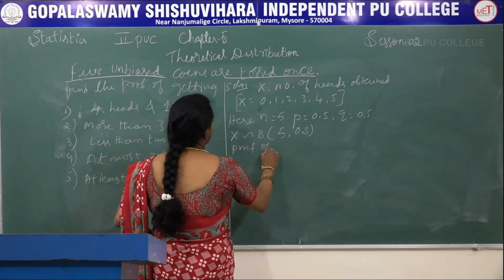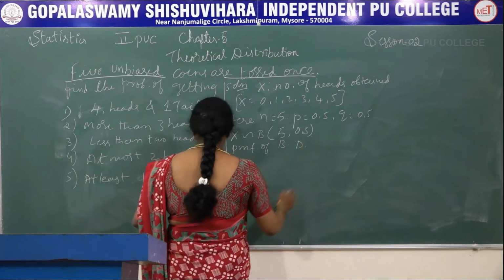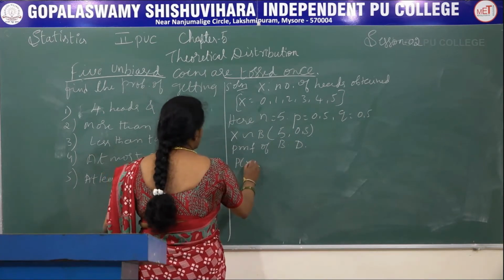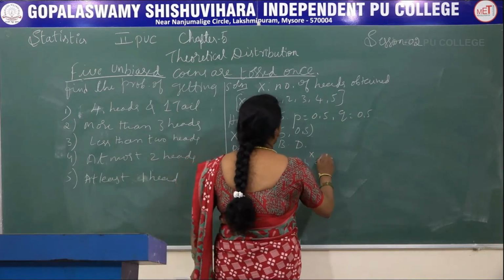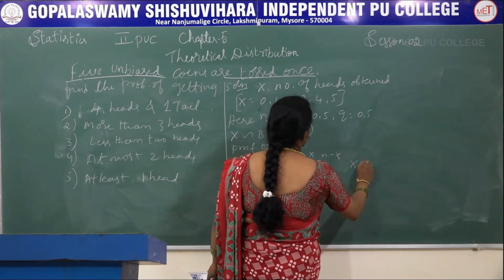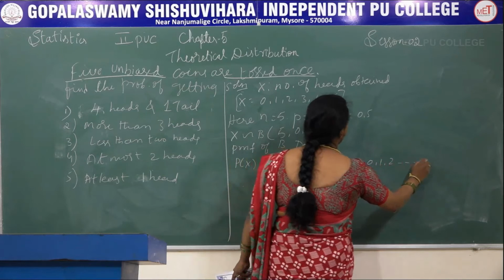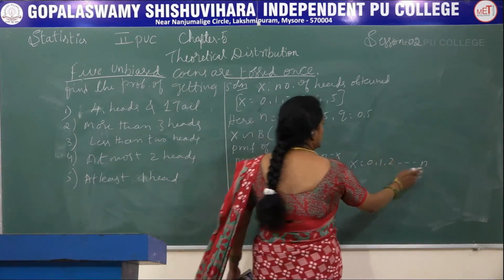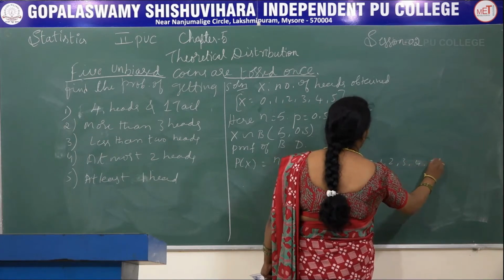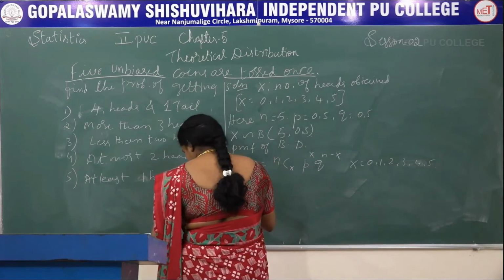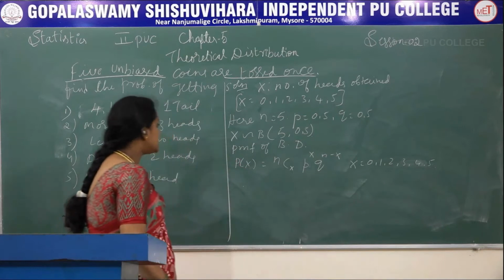Next, write down the PMF of the binomial distribution, that is P of x equals nCx p power x q power n minus x, where x can take the values 0, 1, 2 up to n. Here n is 5.